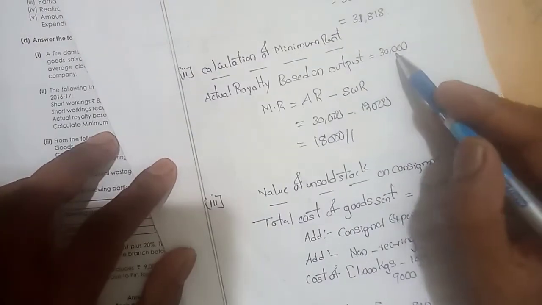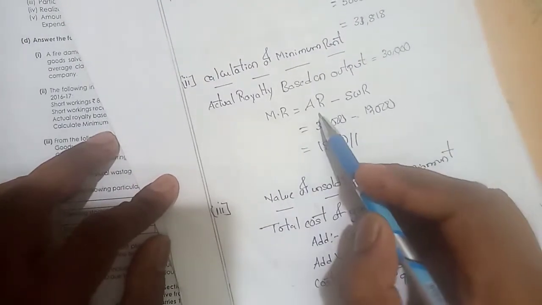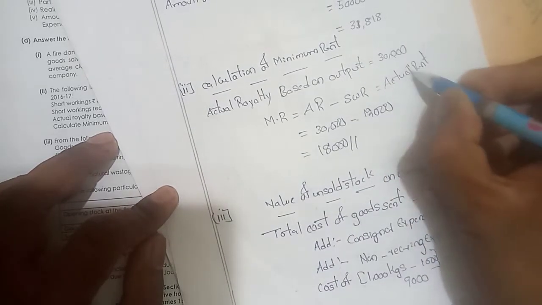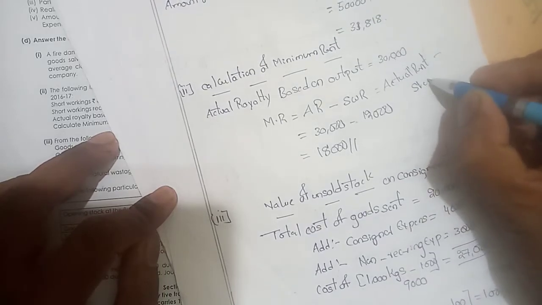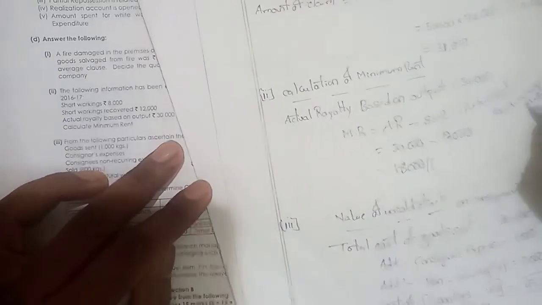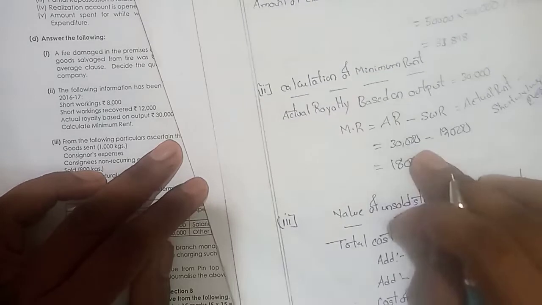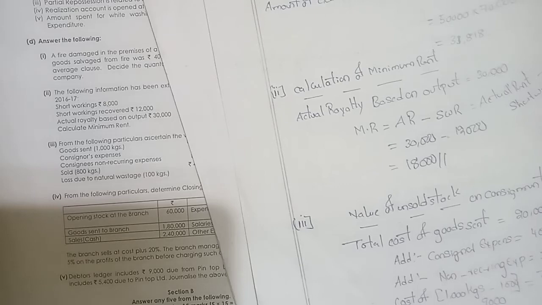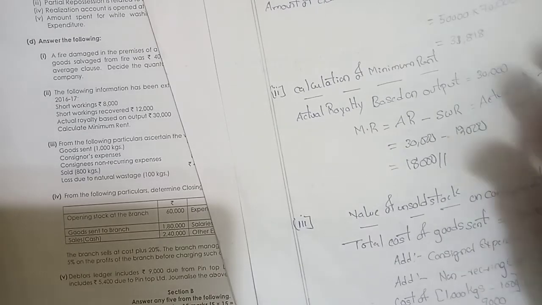So minimum rent is equal to actual rent minus short workings recovered. 30,000 minus 12,000 is 18,000. That is the calculation of minimum rent.